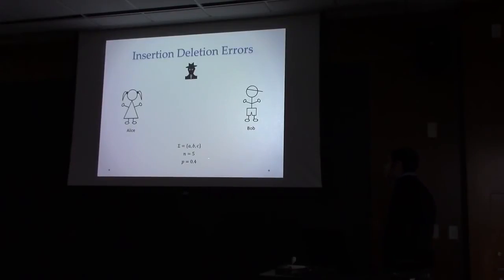And the adversary is allowed 40% of insertions and deletions, which here would be 2. Let's say Alice sends A, and A goes through, Bob receives A. Then Alice sends B, and the adversary decides to delete B. Then Alice sends A, and he lets the A pass. So on and so forth.